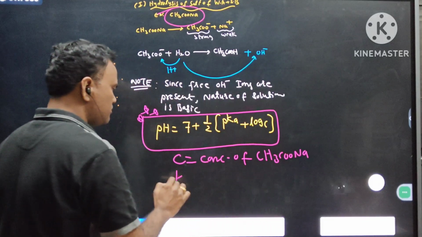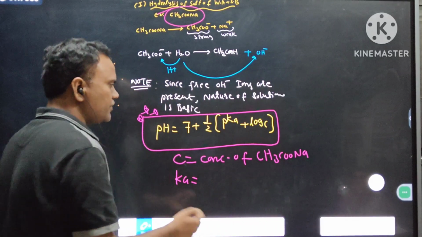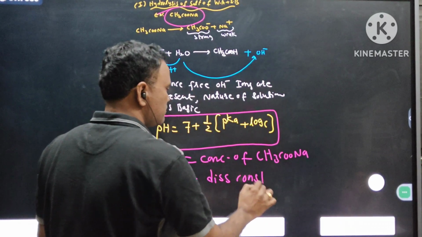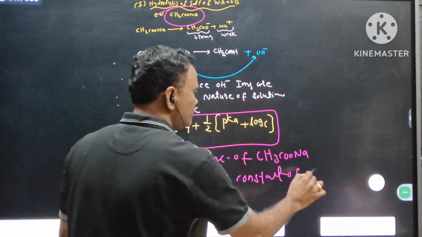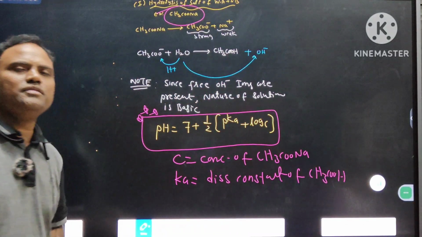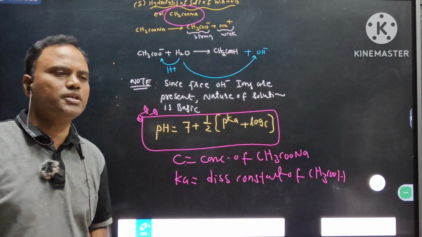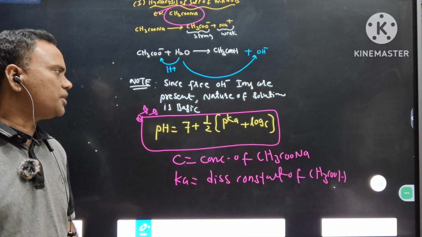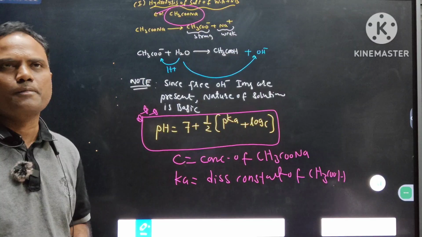Ka will be given to you. Ka is the dissociation constant of acetic acid. Identifying and choosing the formula is very, very important. pH is equal to 7 plus 1 by 2 pKa plus log C.